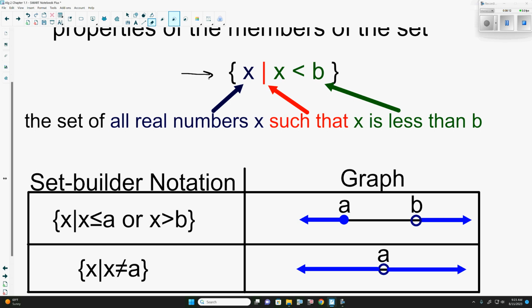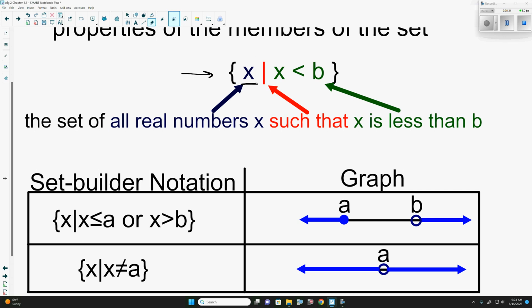So here is the typical version of set builder notation. What we'll have is a brace followed by this here. So in this case, if there's nothing with it, it's the set of all real numbers x. This first part is describing what type of numbers the variable is going to be using. So here, when we just have x, we're talking about all real numbers. x is an element of all real numbers.